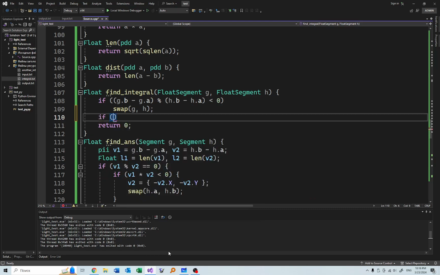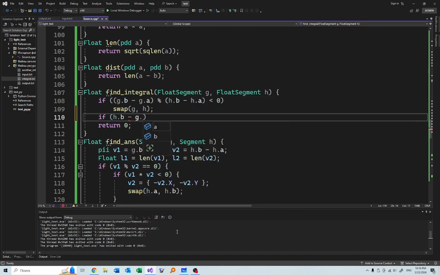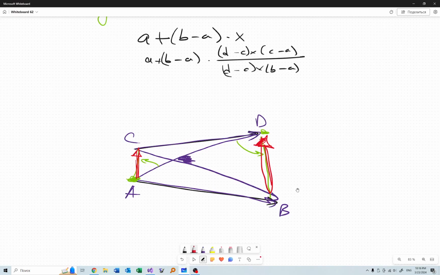If GB minus HB cross HA minus J is greater than 0. Okay, let's assume that it is greater than 0. Then it looks like this. So the intersection point is somewhere here.